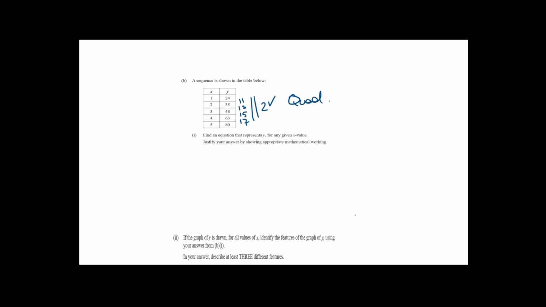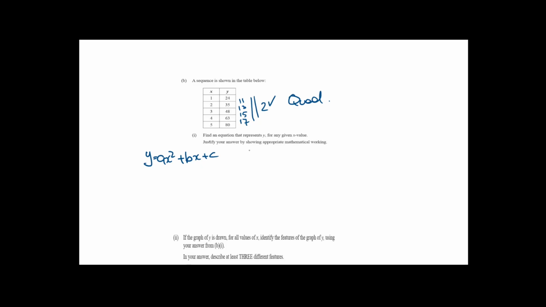Therefore it's going to be in this form: y equals ax squared plus bx plus c.